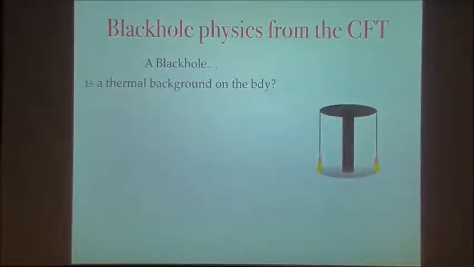Of course, we know that we can create black holes in a pure state. For example, you can shoot a lot of lasers, in such a way that they're coherent, into one point in the bulk, and you can collapse a black hole, and that's going to be in a pure state.